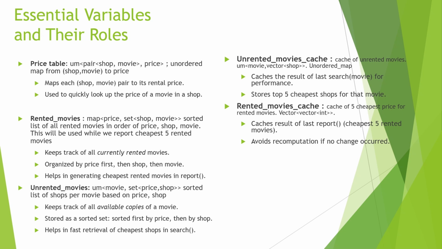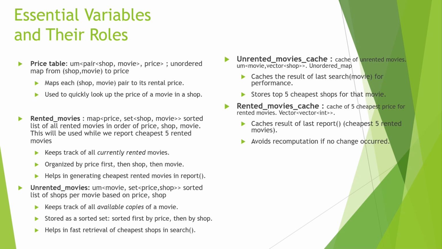And price comes first, so it would be first sorted based on price, then comes shop, then if the price matches, it would be sorted based on shop. So the unrented movies variable would help us in the search movie operation. These three would be sufficient to solve our movie renting system.